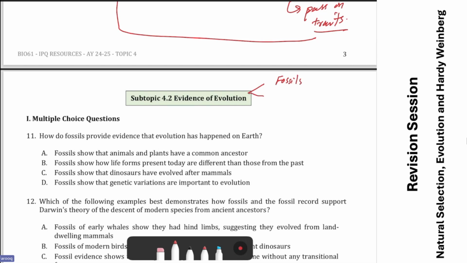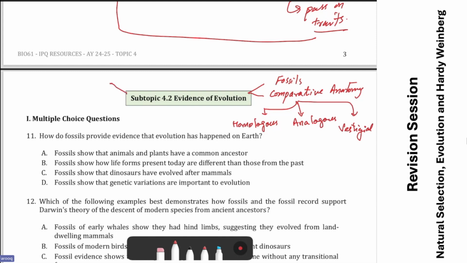After that, we studied comparative anatomy. In comparative anatomy, we studied homologous structures, analogous structures, and vestigial structures.